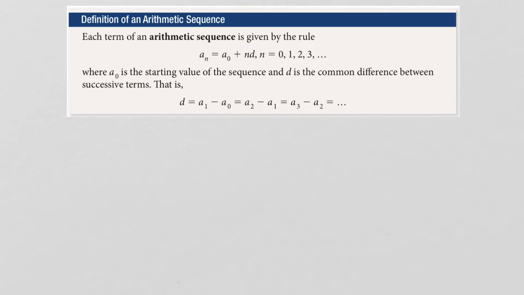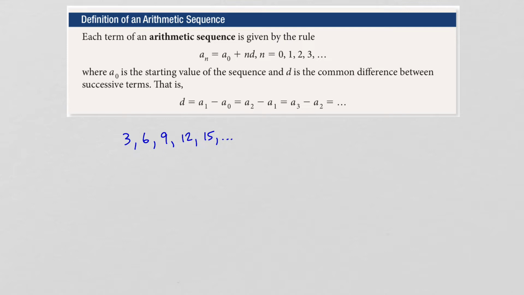So you can calculate d by subtracting any two successive terms. But rather than dwell on this definition, let me just give you a quick example of an arithmetic sequence. Suppose I give you the numbers 3, 6, 9, 12, 15, and so on. These are the terms of an arithmetic sequence.